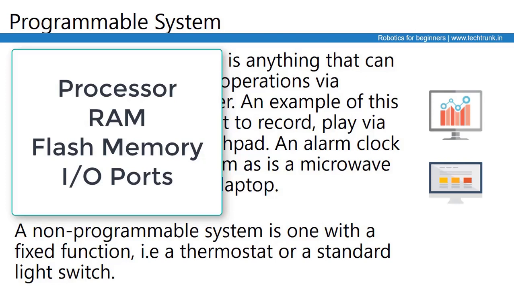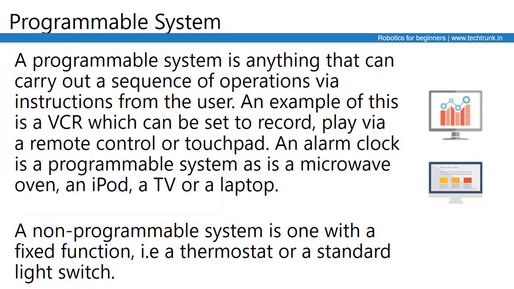So the alternative is using an IC called a microcontroller, which combines all these things in a small-scale manner: a processor with low processing speed in megahertz, RAM with size in KBs, and flash memory with size in KBs. Combining all these things on a single chip is called a microcontroller, which can be used as a standalone programmable system. So in our course, for designing a programmable system, we are going to use a microcontroller.